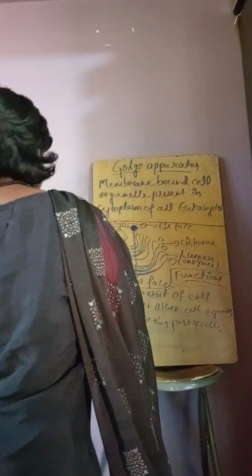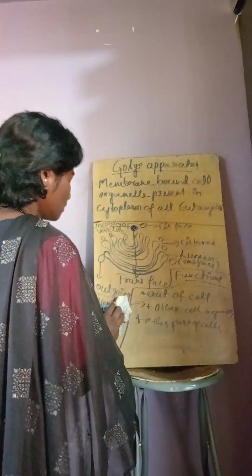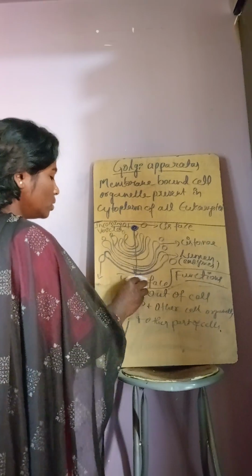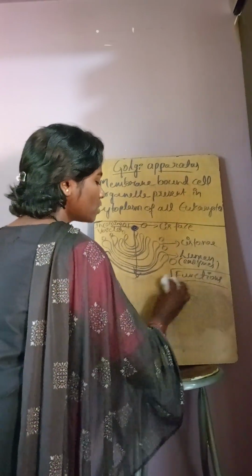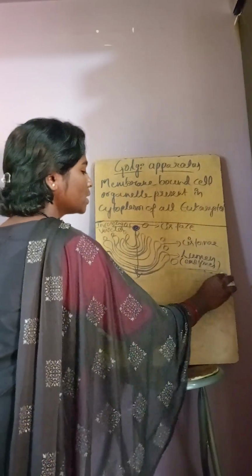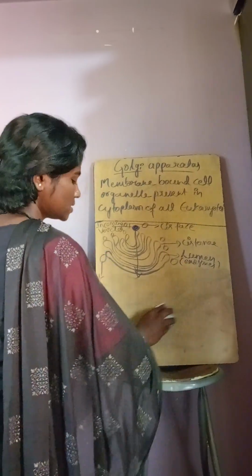Okay, and also we will see who discovered the Golgi apparatus. The Golgi apparatus is one of the first organelles observed in the cell.